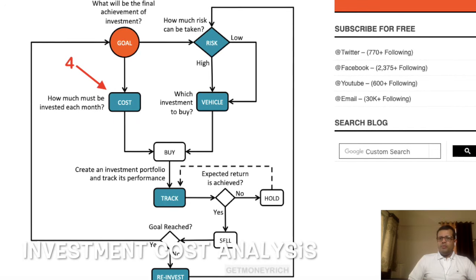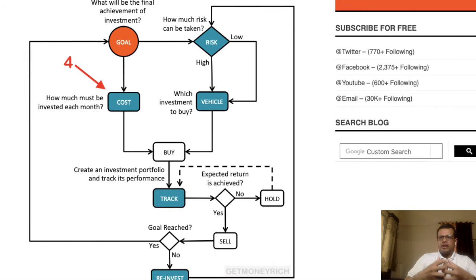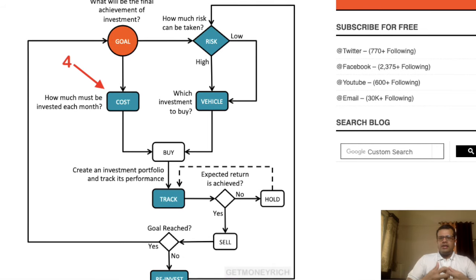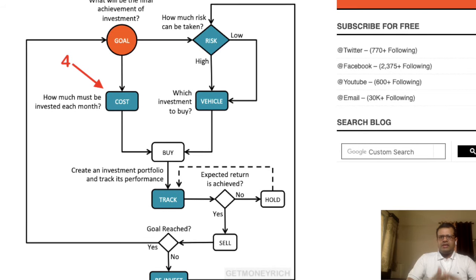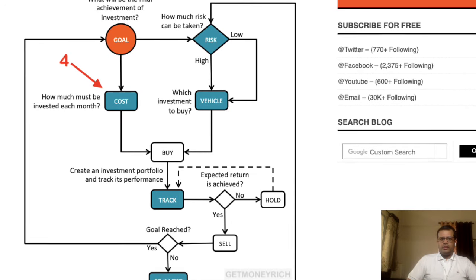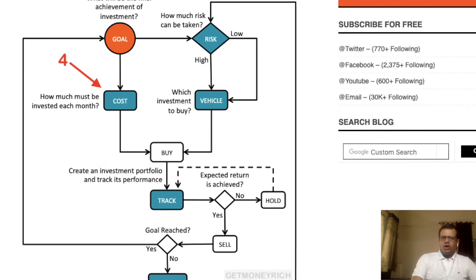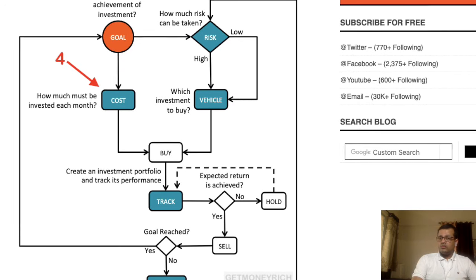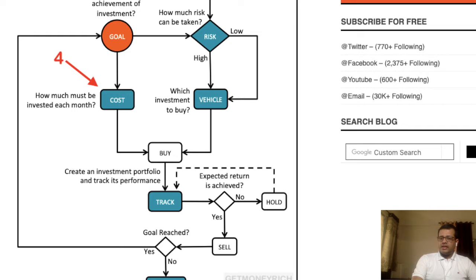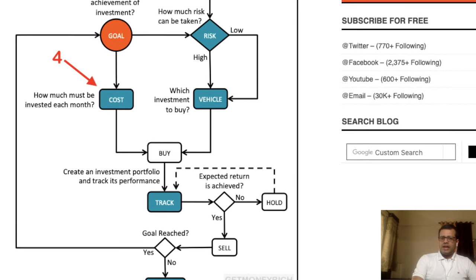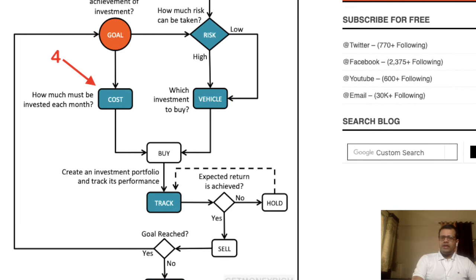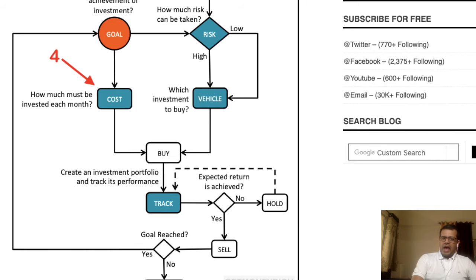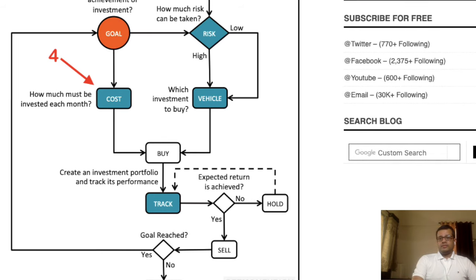So, before one goes ahead and buys an investment vehicle, it is very, very important to take all these 4 steps into consideration. What are these 4 steps? Goal setting, risk return analysis, investment vehicle selection, and cost analysis.